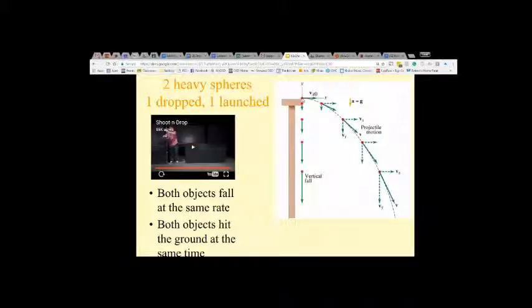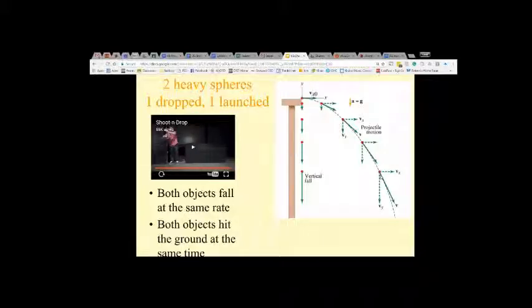The one that's going sideways, you notice the downward vector is the same as the downward vector of the dropped ball, and that's increasing at the same rate. But also notice that the Vx is constant throughout. And when we add the two vectors together, we get this resultant, and that's the actual combined velocity of the two motions.